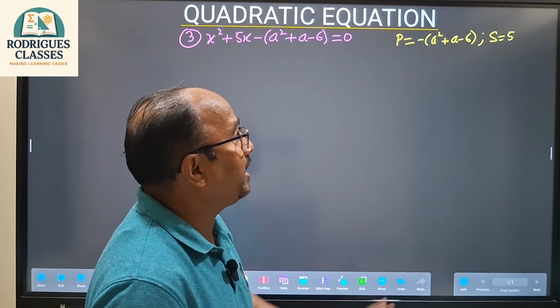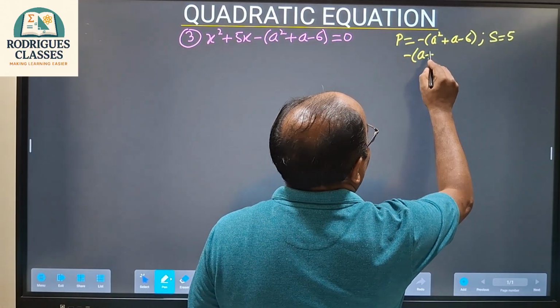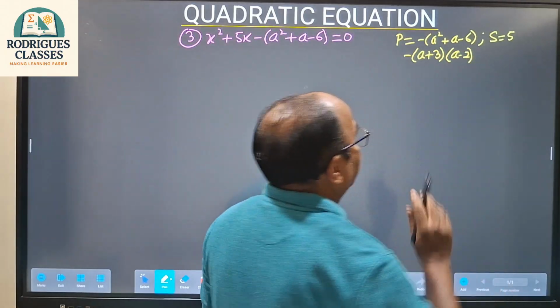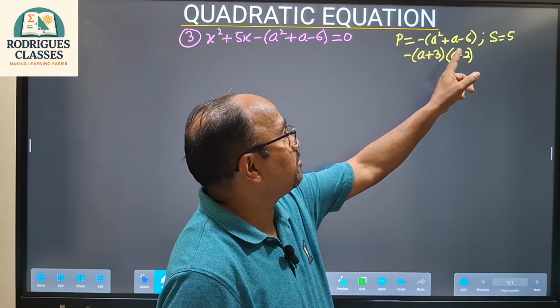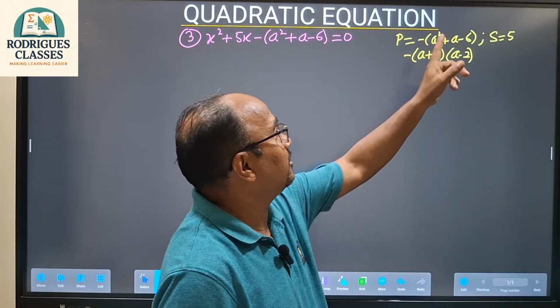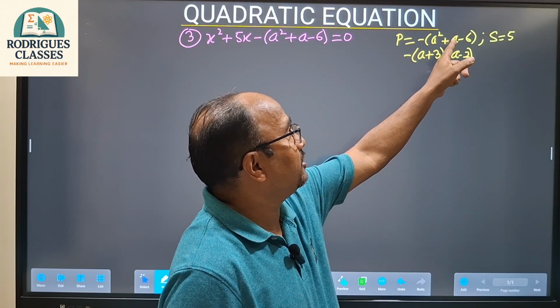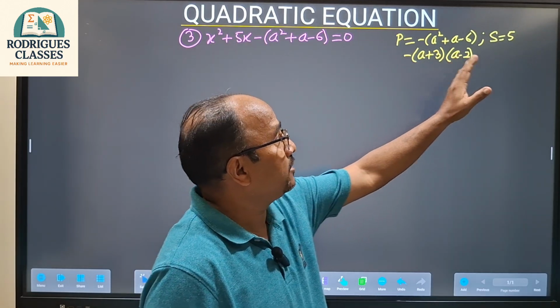So what we write here is this. Minus is there in the first bracket a plus 3 and in the second bracket a minus 2. So you can check it out once. 3 and minus 2 multiplied is giving you minus 6 and 3 and minus 2 is giving you 1. Okay, so it means our factors are correct.